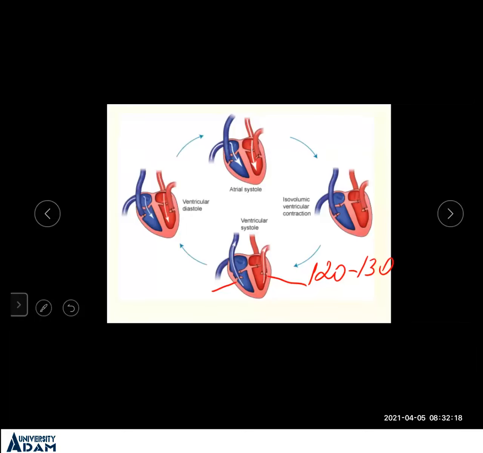The right side is the low pressure side, because from the right side starts the pulmonary circulation, which is a short circulation, and it doesn't need such high pressure. The left side is the high pressure side because from the left side starts the systemic circulation, and that's why it needs more pressure, because pressure is the main driving force for blood flow. How much is the pressure in the right ventricle?